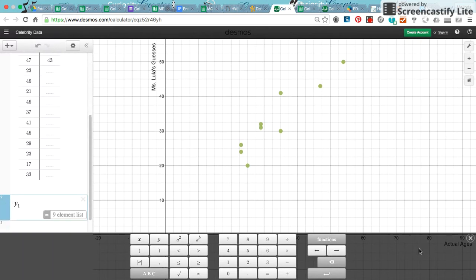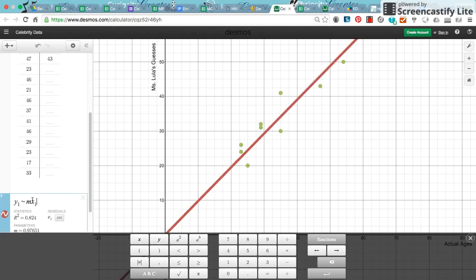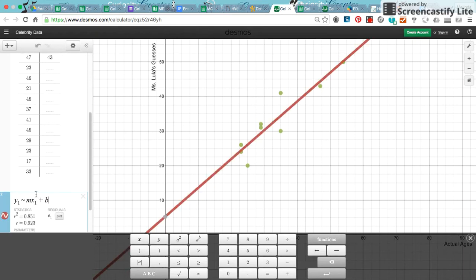Now, instead of equals, because we're actually comparing these data, we don't want to say equals. We want to use this little tilde sign. So you'll find that in the alphabet area or on your keyboard if you're using a keyboard. Then write down m. That's the slope that we keep talking about in class now, x1. And then I'm going to do plus b.